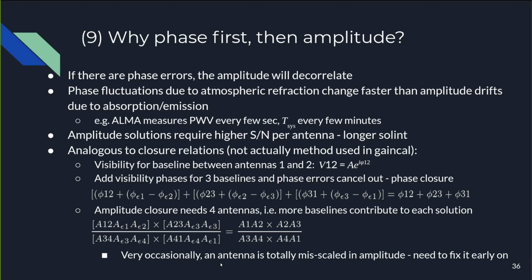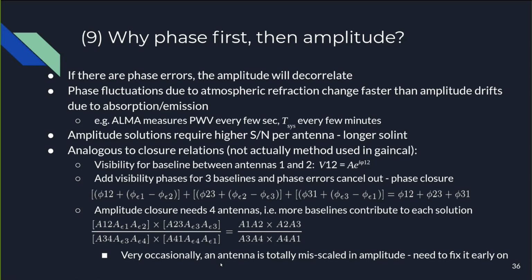Essentially, because phase is the additive term in the complex visibility, you can get rid of phase errors by adding up the phases, including errors, across a set of 3 baselines. The errors will cancel out. Whereas because amplitude is the multiplicative term, you need 4 antennas. You need more baselines in order to be able to divide out the amplitude errors.